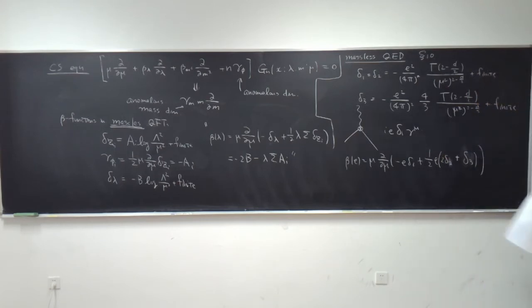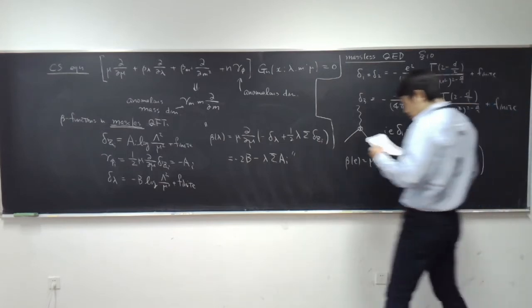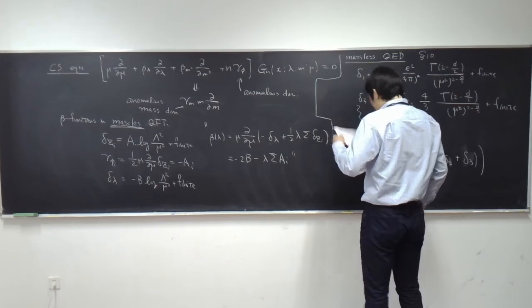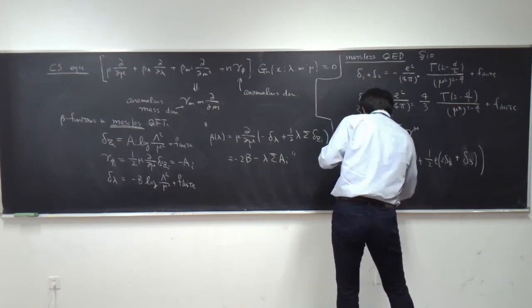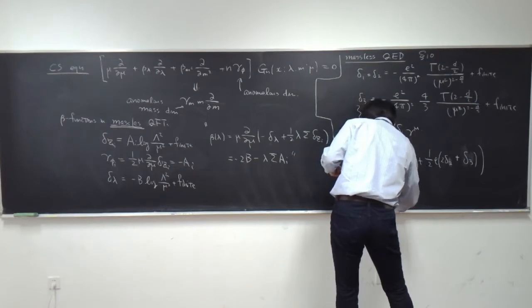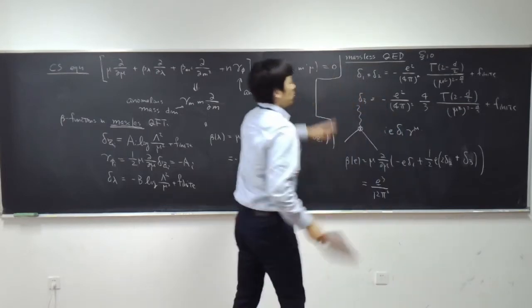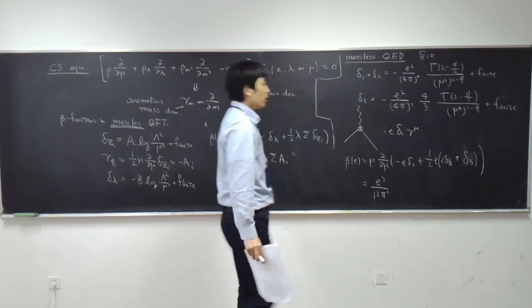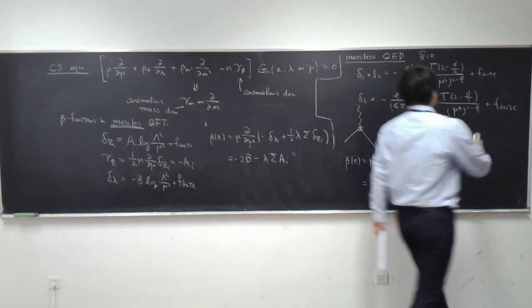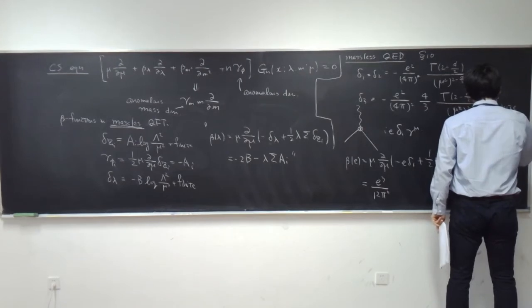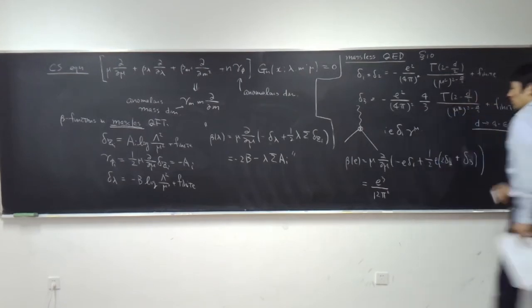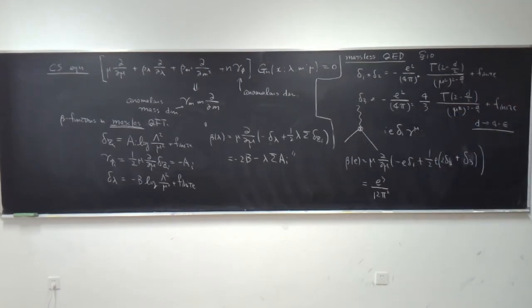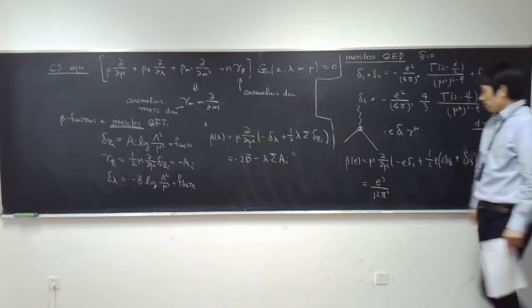You plug this result into here, and then what you will get is e cubed over 12 pi squared. Then of course d is equal to 4 minus epsilon, and plugging that in, you get this result.